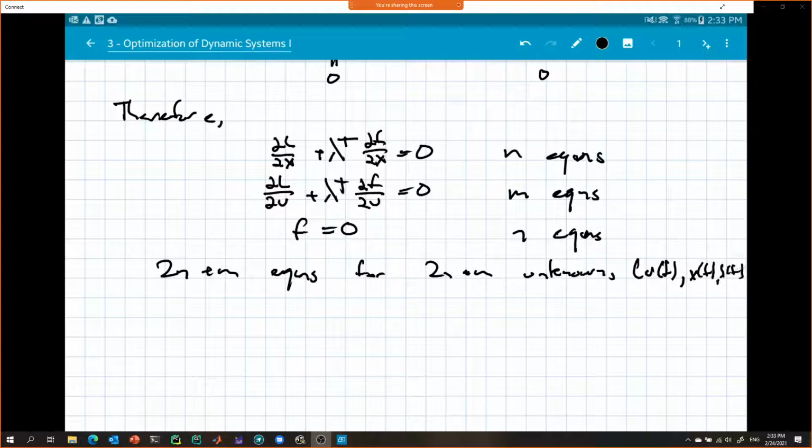Sorry, that might have messed it up on the side, but these are functions of t as well, so these are true for all time. So for each period of time, we have an equation to solve for our unknowns.